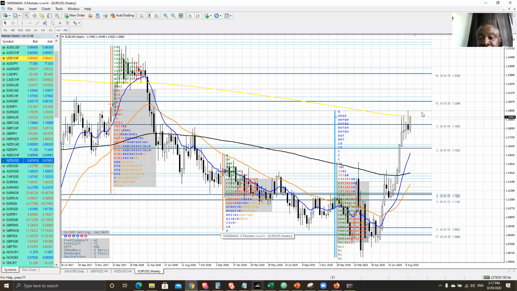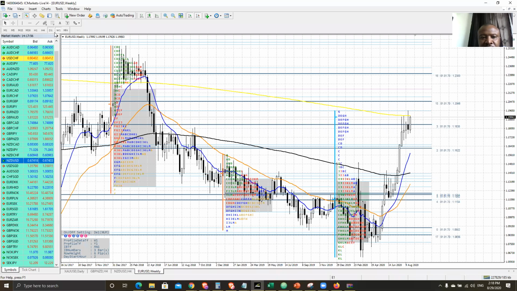On this weekly, the gap between the 633 and the 200 can offer a good reason for euro to find a bit of retracement. Exactly, and then we can buy from there, maybe to the most recent high.